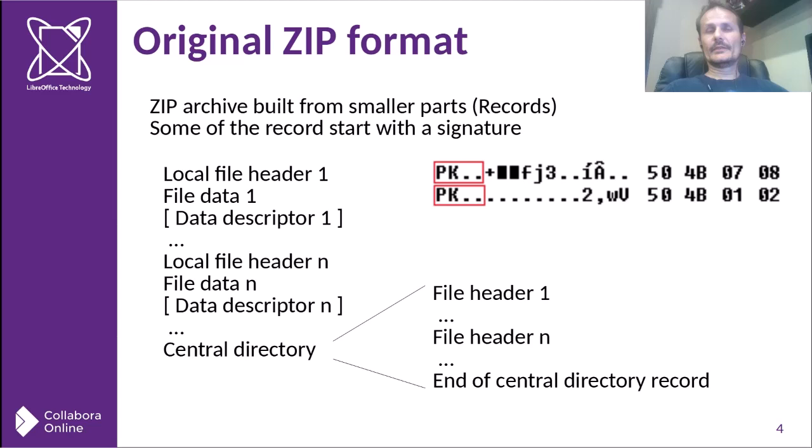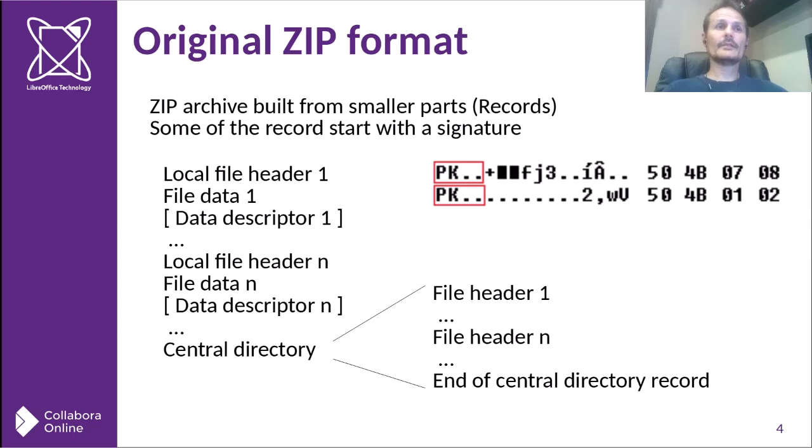One interesting thing about the zip file is that we have to start reading it from the end. At first we have to read the end of central directory record. It's a fixed size record and it contains information about the size of the central directory.